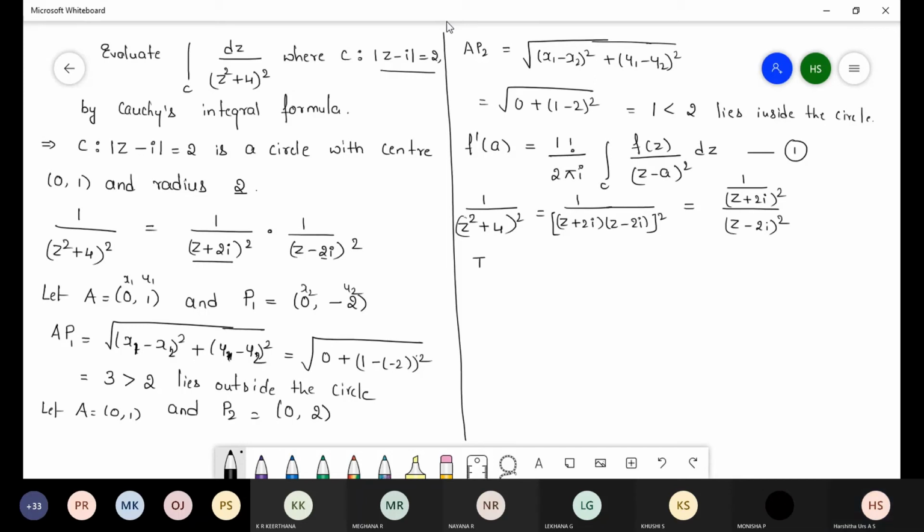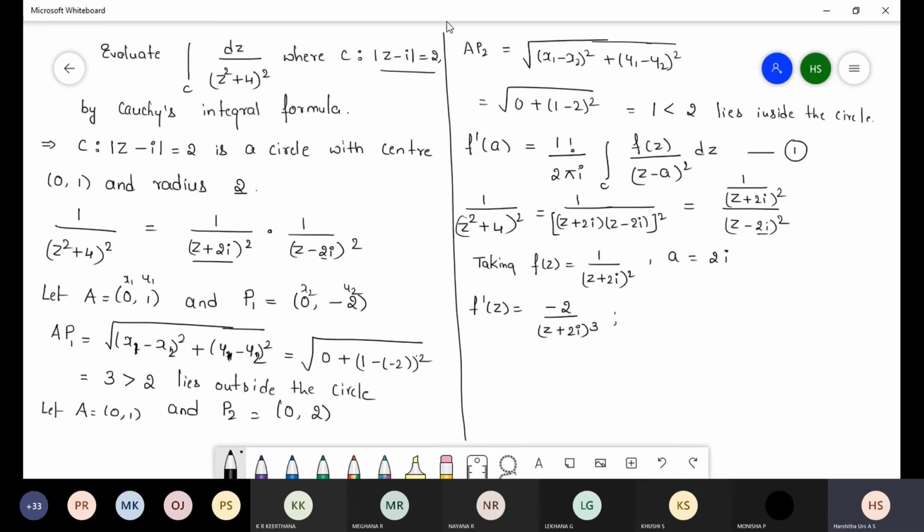Now I take f of z equal to 1 by (z plus 2i) whole square, because it is in the form f of z divided by (z minus a) whole square. So here our a value is 2i.